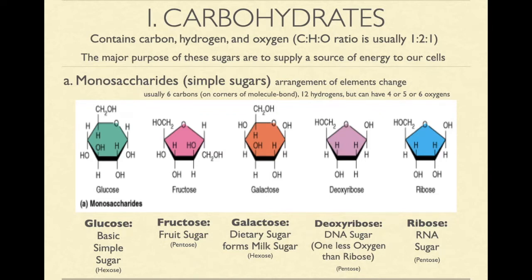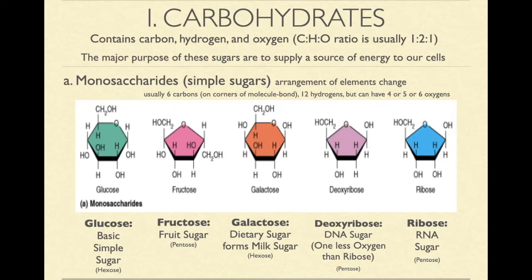So they do differ a little bit, and for each one of these different sugars, they generally have the same amount of elements, but they're going to be reshuffled or changed. You can see some of them are a hexagon shape. Some of these are a pentagon shape. And so when we have a hexagon shape, we call that a hexose.